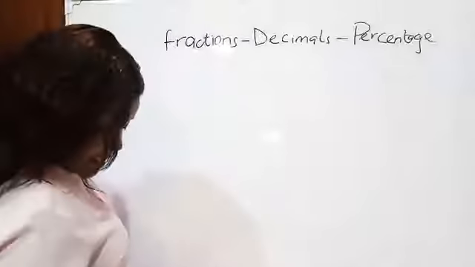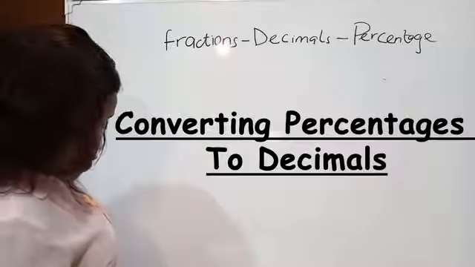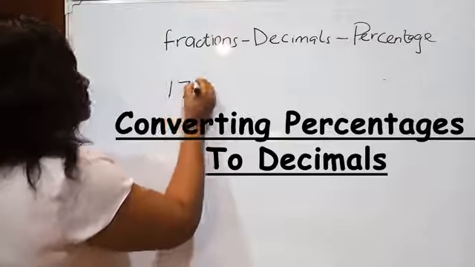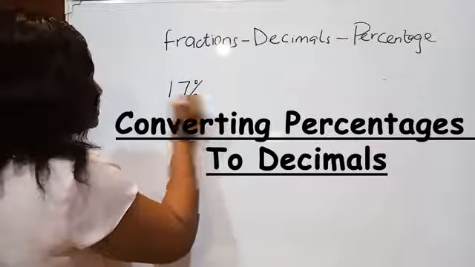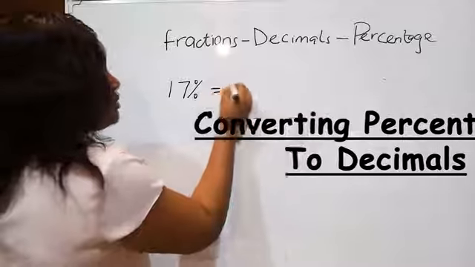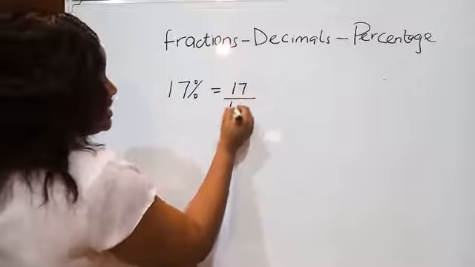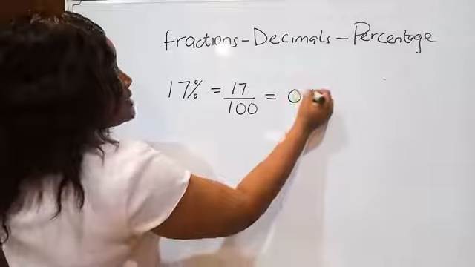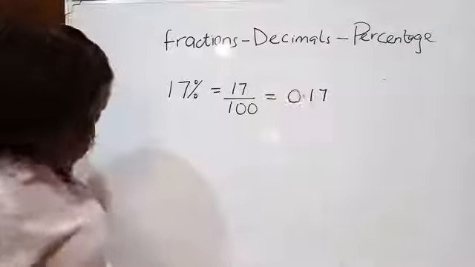So let's look at converting percentages to decimals. For example, if you have 17%, which is the same as saying 17 over 100, which is the same as 0.17.